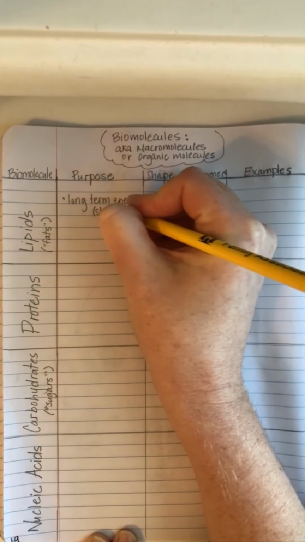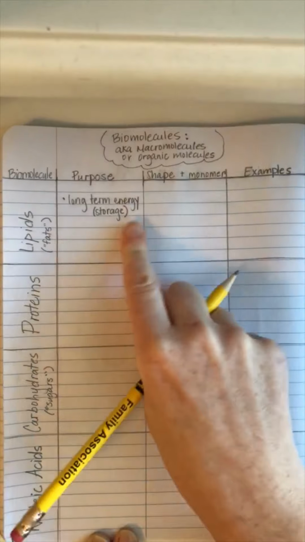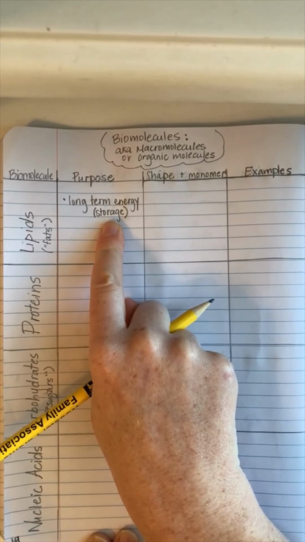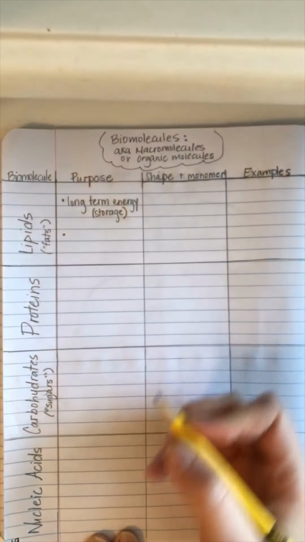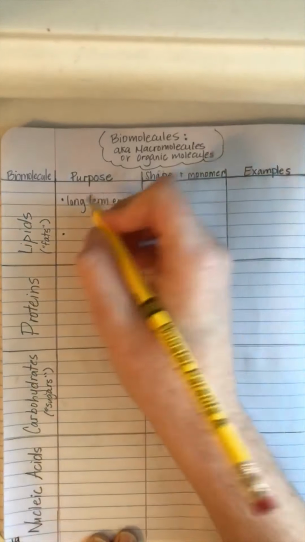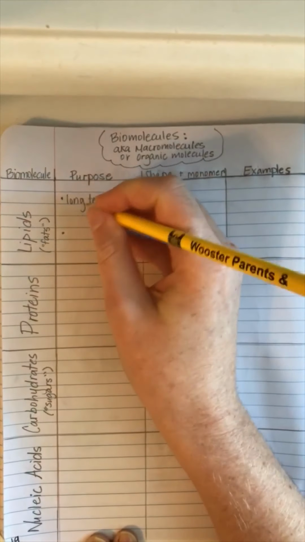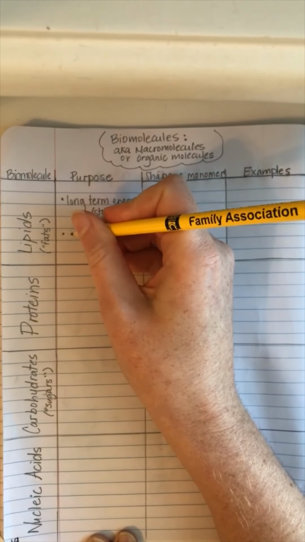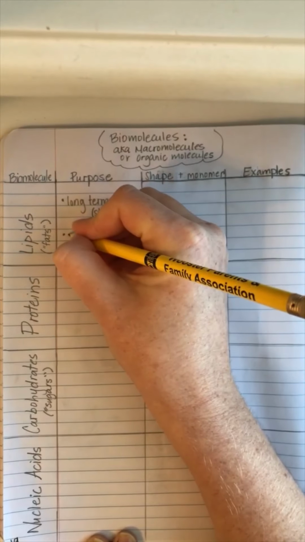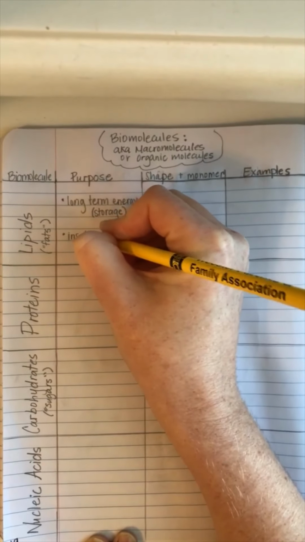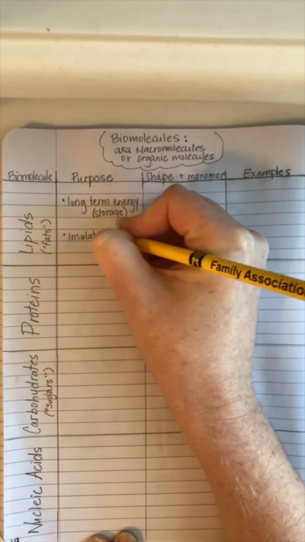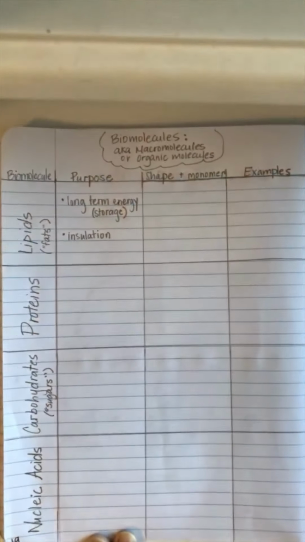And in fact, if you think of fat on the body is simply stored energy, stored fat, stored lipids, which you could burn. In addition to storage and long-term energy, fats also provide insulation and protection. So you would have a harder time maintaining homeostasis if you did not have some sort of fat on your body.